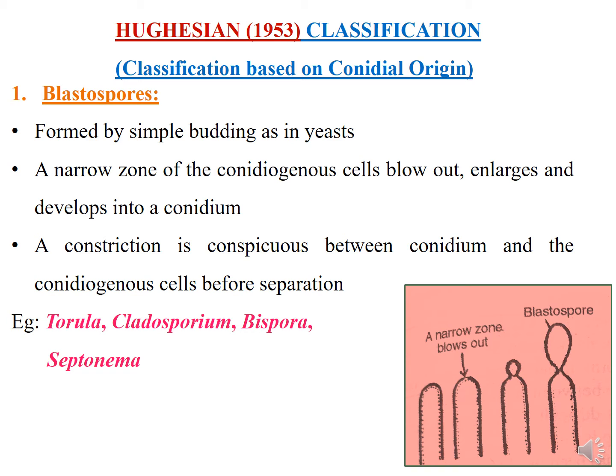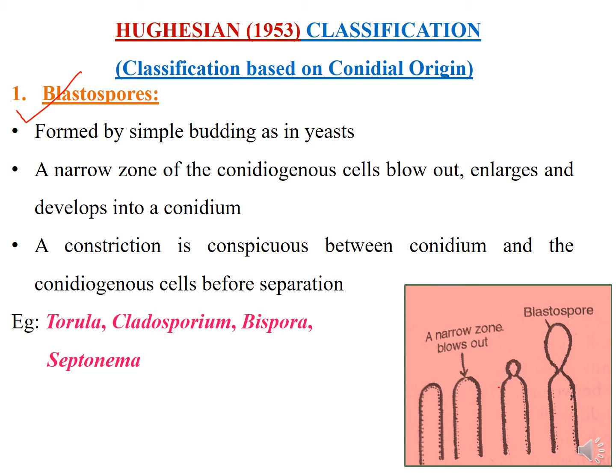First one is the blastospores. The name itself, blastospores, indicates that these are formed by simple budding, as we can see in yeast. Here you can see from this conidiophore, that is a mature zone of conidiogenous cells, they will blow out.